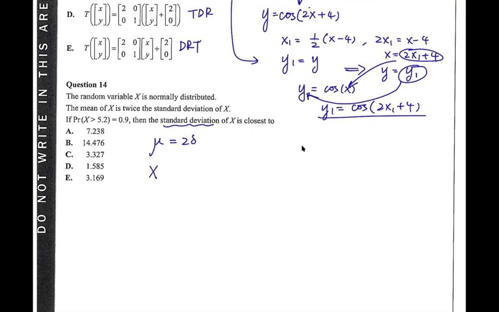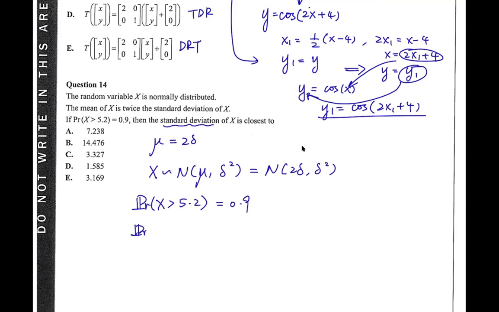Therefore, x is a normal distribution, mu, sigma squared, which is normal distribution 2 sigma, sigma squared. Probability x greater than 5.2 is 0.9. So probability x smaller than 5.2 is 1 minus 0.9, which is 0.1.